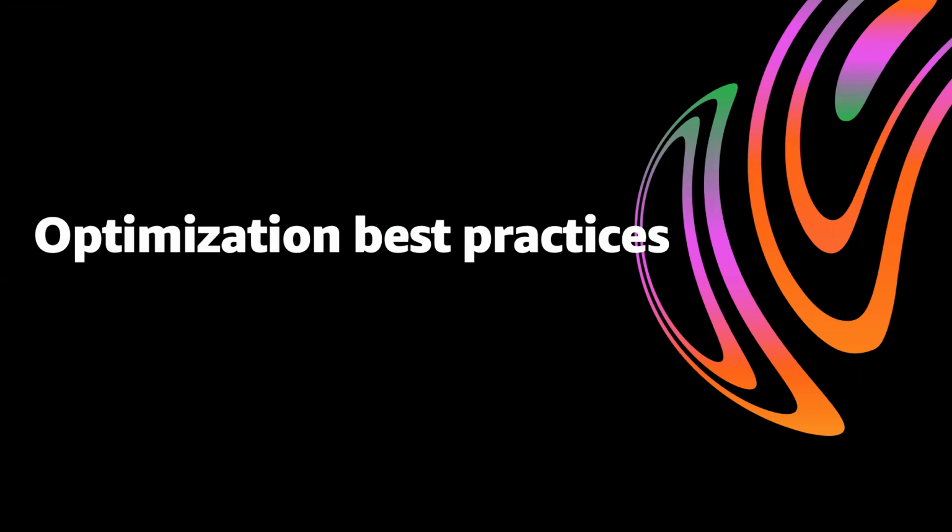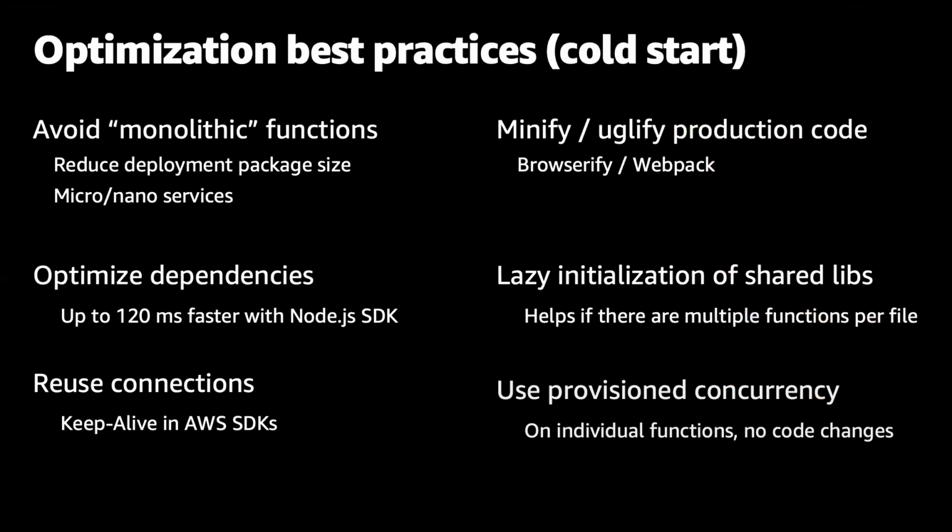So when it comes to performance and in general optimization best practices, I like to divide best practices into two different buckets, two different categories. The first category is all those best practices that help you with cold starts. So everything that happens before your actual execution. There are a lot of different ways you can minimize that. Why do you want to do that?